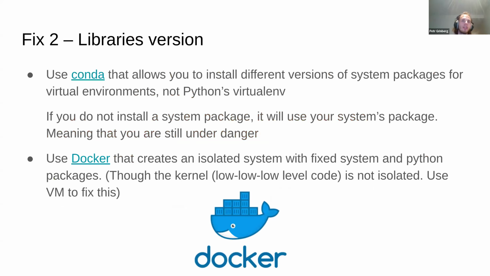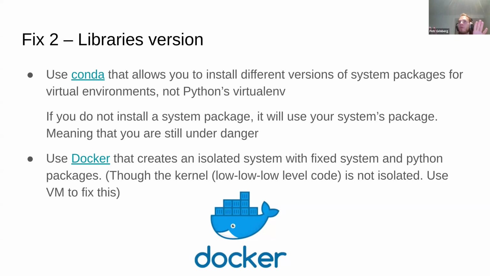So Conda, in contrast to virtualenv, allows you to install different versions of system packages for virtual environments. You can install Python of a specific version, you can install GNU of a specific version, and all other packages.